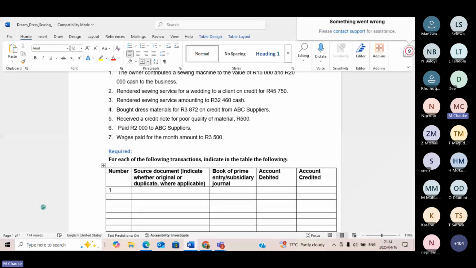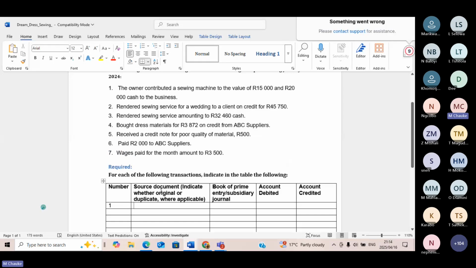And then the source document. This is how I'm going to record this transaction with you guys. I don't know how others have done it, but I'm going to record it this way. So number 1, and then I'm going to record this transaction as follows.